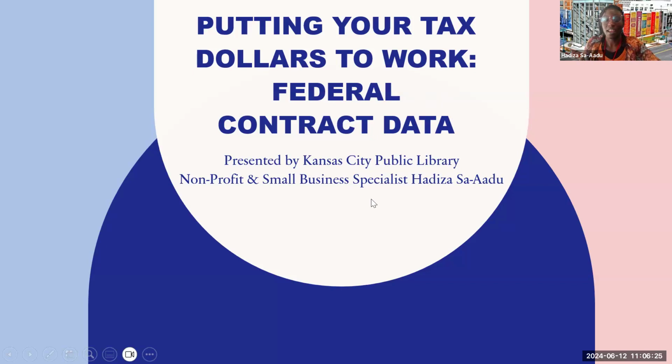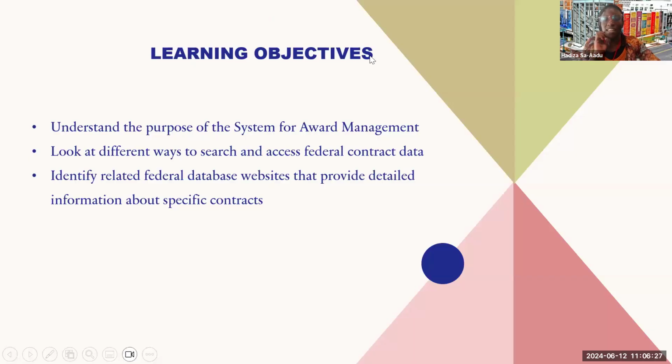Let's go ahead and cover some of the learning objectives here. We've got 3 learning objectives for our time today. Our first learning objective is to understand the purpose of a database called the System for Awards Management, or SAM.gov.